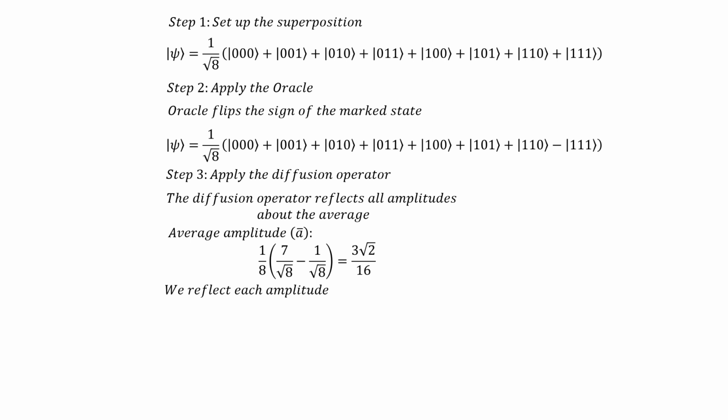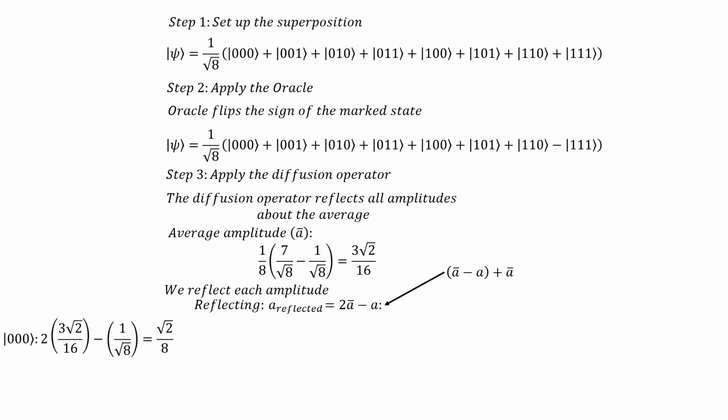Next, we're going to reflect about each of these amplitudes. A reflected amplitude is equal to 2 times the average amplitude minus the input amplitude. This just comes from taking the difference between the input amplitude and the average amplitude and then adding it to that average amplitude.